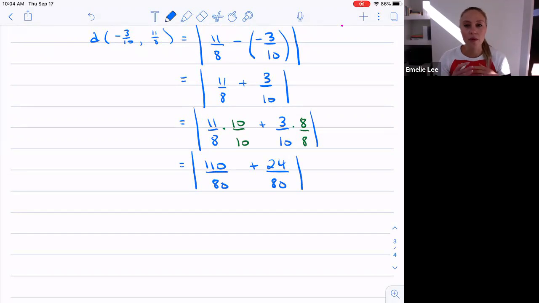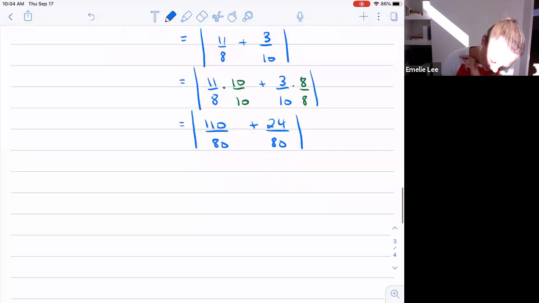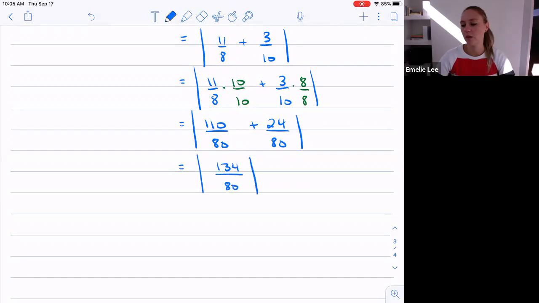Now I've got that common denominator, which I just use as my denominator in my addition. So now I have 110 plus 24, putting me at the absolute value of 134 over 80. Let me check to make sure it doesn't simplify to a whole number. No, it simplifies to 67 over 40, but I'm just going to leave it as 134 over 80.